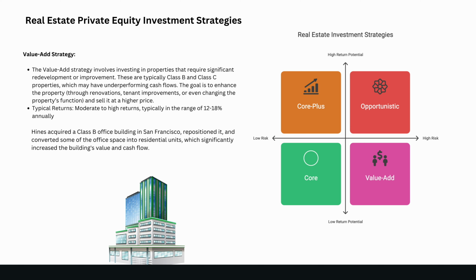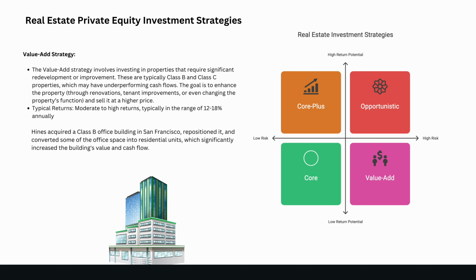And the last one is the value add strategy. The value add strategy involves investing in properties that require significant redevelopment or improvement. These are typically Class B and C properties which may have underperforming cash flow, and the goal is to enhance the property through renovation, tenant improvement, or even changing the property's function, and sell it at a higher price.